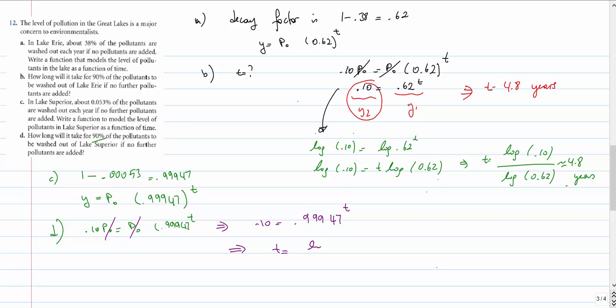Your T will be log 0.10 over log 0.99947. Let me do this calculation. Log 0.10 divided by log 0.99947 is 4,043.3 years.